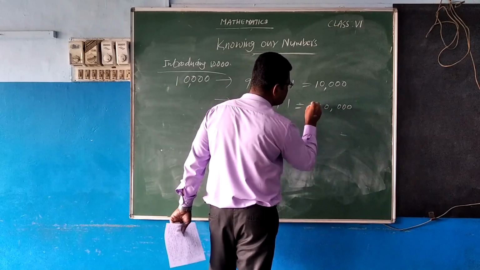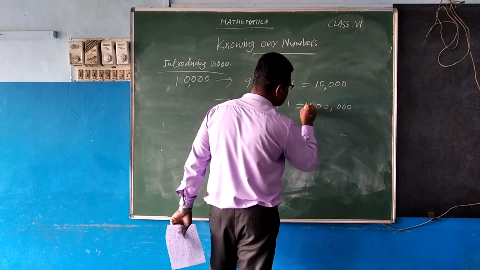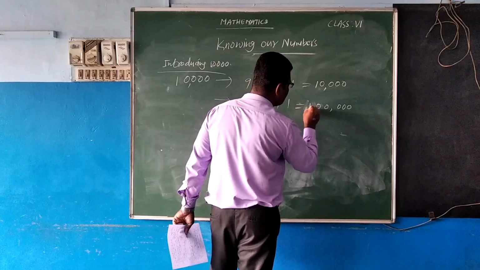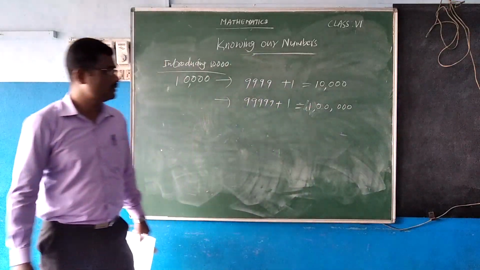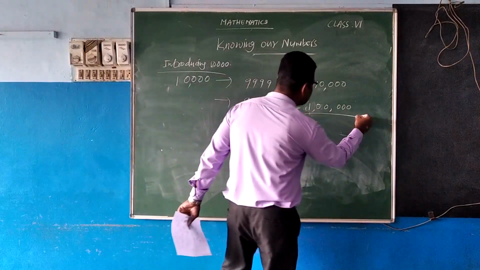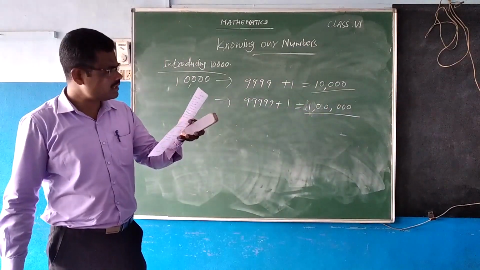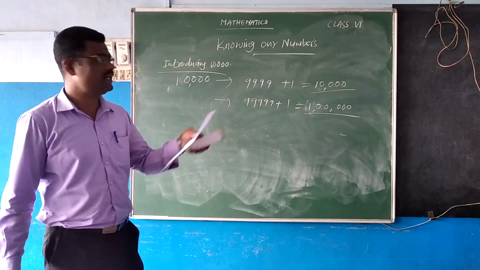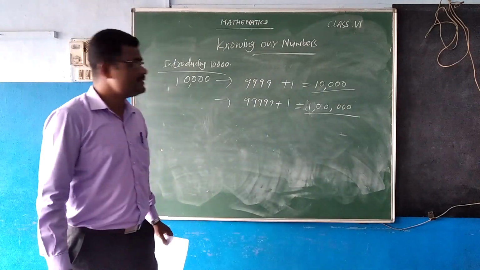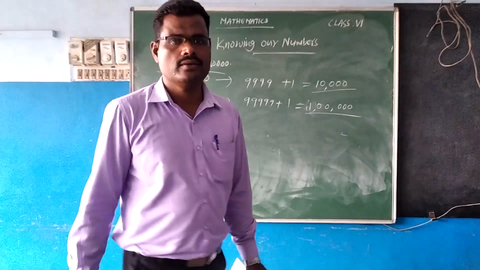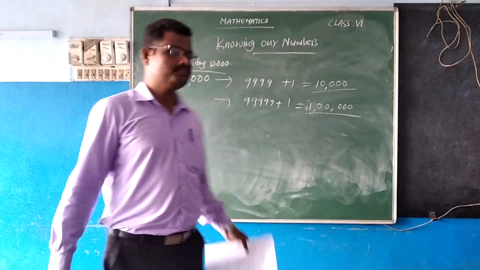Isn't it? Lowest 6-digit number. So that is 1 lakh. This is 10,000. This is how you learn. These are very easy concepts you have studied in the 5th standard also.